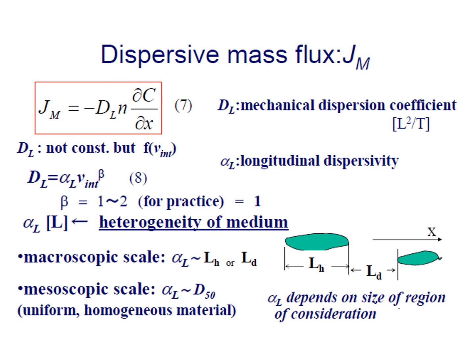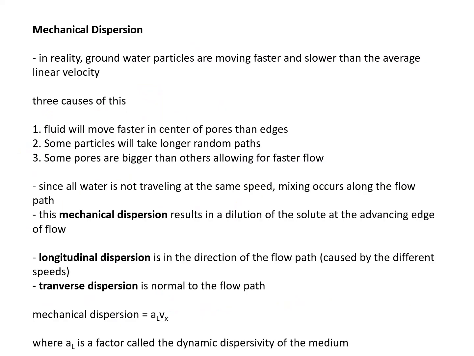It is actually not depth but the distance between the two media. Again, this is some description; I think you can go through it. Mechanical dispersion is AL multiplied by Vx. AL is a factor called the dynamic dispersivity of the material, and Vx is again the linear velocity.